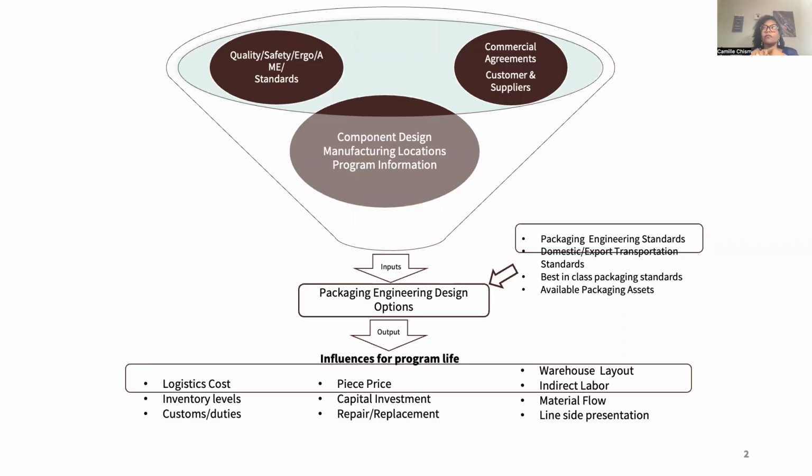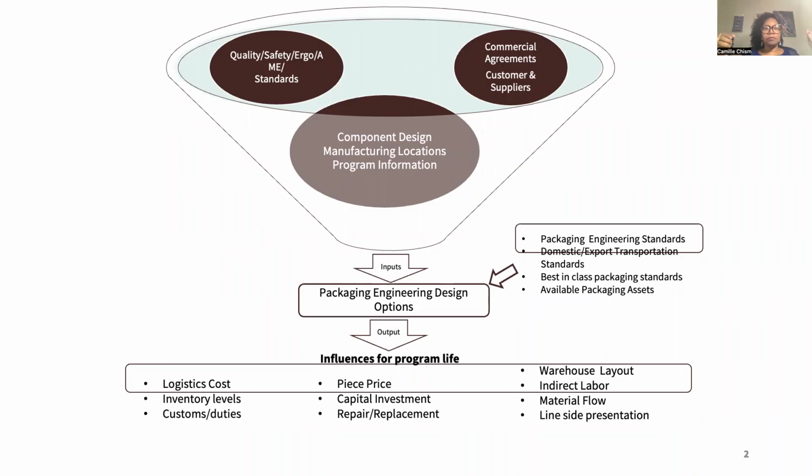So, first of all, you've got things like quality, safety. AME would be advanced manufacturing. There are various names for that group at different automotive companies, but it's basically the engineering team that figures out what the line looks like. They're the ones that will figure out, are they going to have skillets?